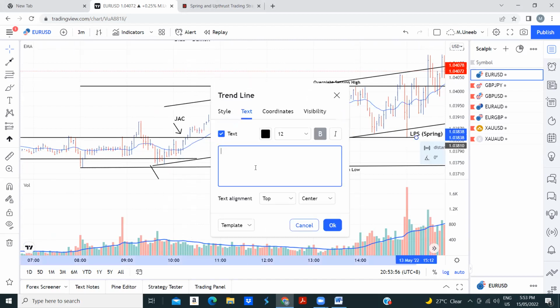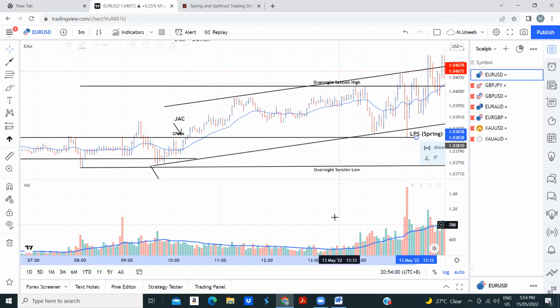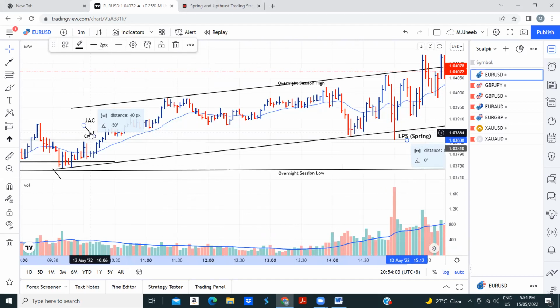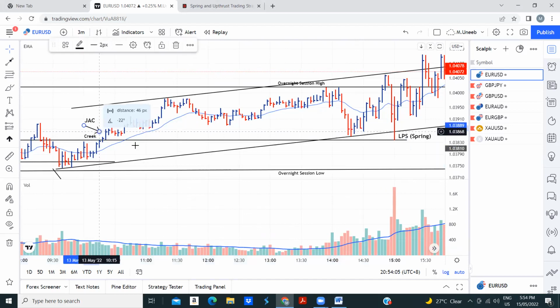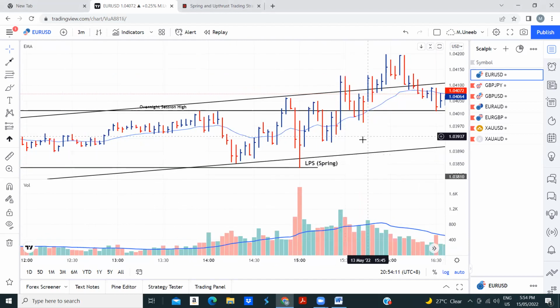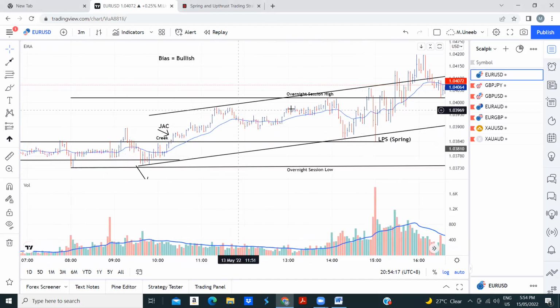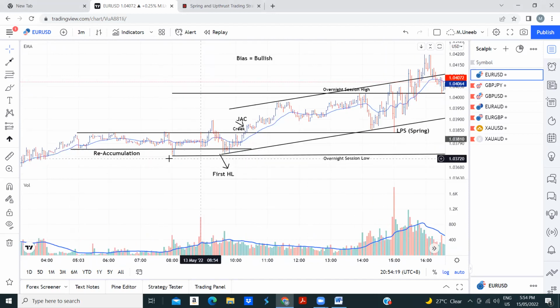This is the creek. If we say this is the creek, and this one is JAC, jump across the creek, then obviously this one will be LPS, last point of support. Any confusion? No. Okay. Now we have jump across the creek, LPS, and can you identify what this would be?